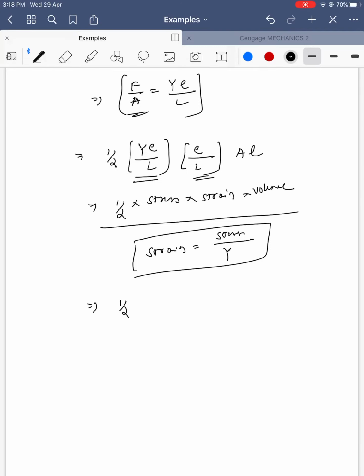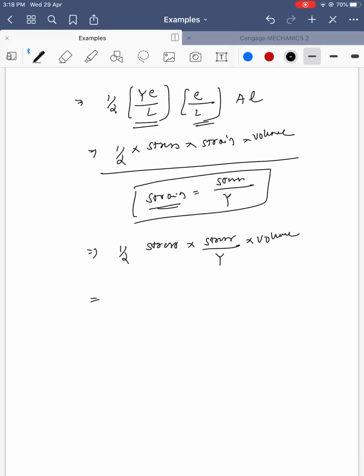So let's write half into stress into strain, where I replace strain with stress by Y, into volume. If you simplify, it is half Y into stress square into volume. This is nothing but the work or potential energy stored.